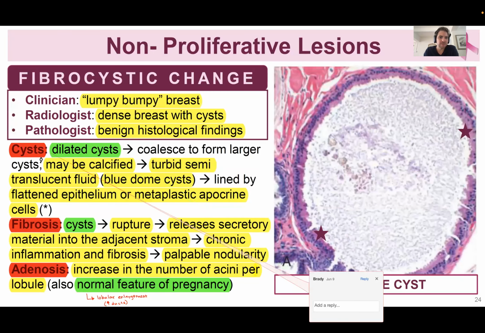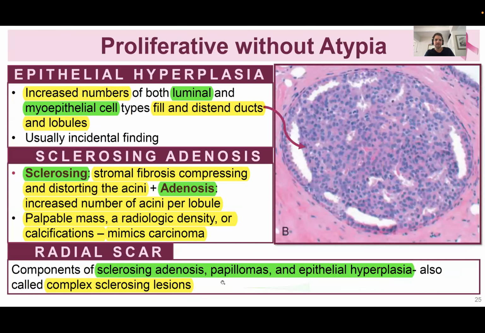Just some definitions: there's cyst, fibrosis, and then adenosis that you could see here, with globular enlargement and increased duct size. Aden always means glandular, so glandular growth there. There's increased proliferation and increased mitotic rate, but you would expect the cells to look normal.